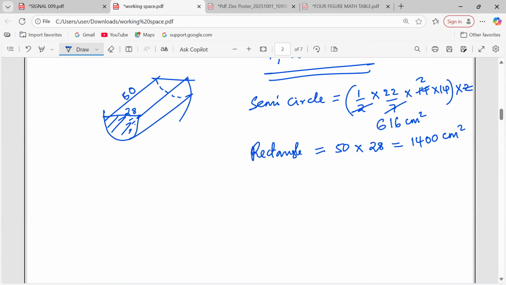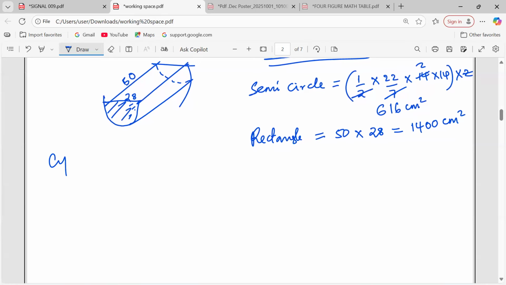Now, the curved surface is for half a cylinder. I want you to know that for a cylinder curved surface, we need 2 pi r multiplied by the length.